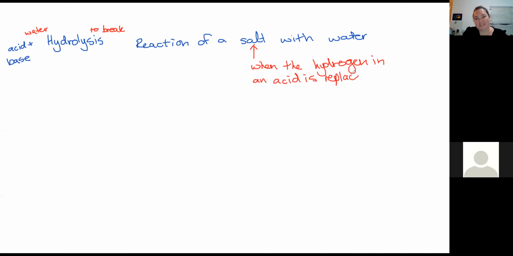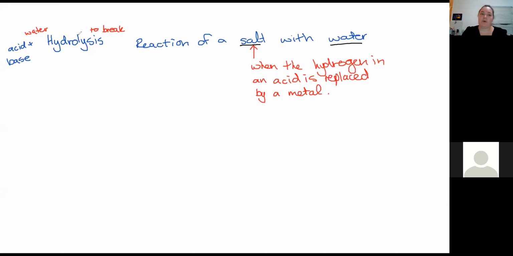That's the best definition that I've ever heard of it, but it isn't even a very good definition. Having said that, I don't think a salt has ever come up as a proper definition in the matric syllabus. So when the hydrogen in an acid is replaced by a metal. And what we're going to be doing here is looking at hydrolysis, which is the reaction of a salt with water.